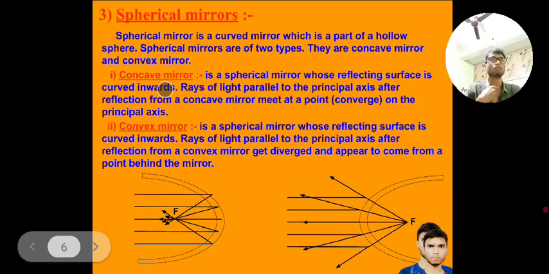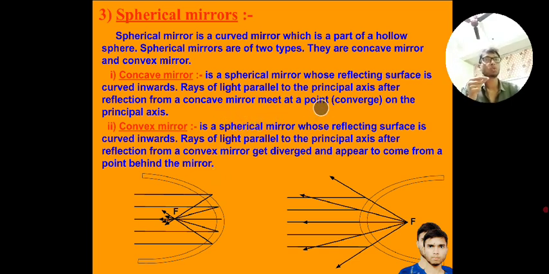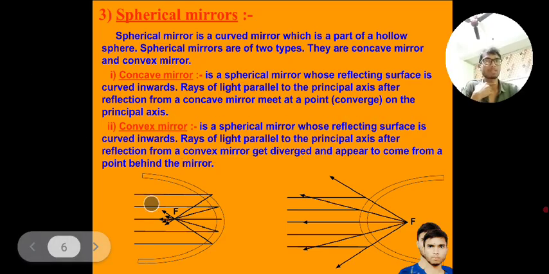From the word cave, you can remember this: cave is just inward. Rays of light parallel to the principal axis, after reflection from a concave mirror, meet at a point, converging on the principal axis. When light comes from a source parallel to the principal axis, it will meet at the focus.